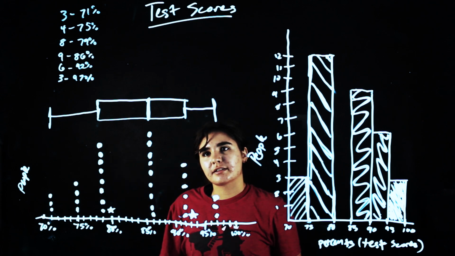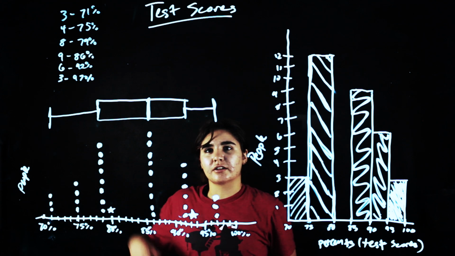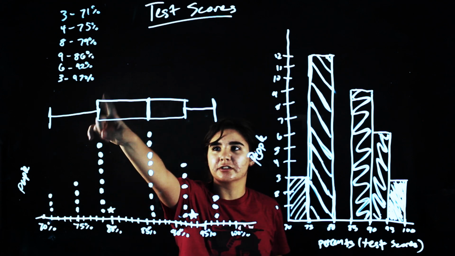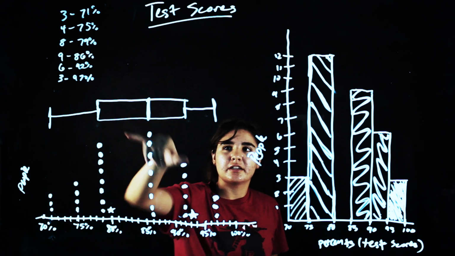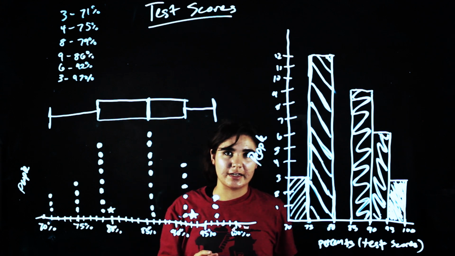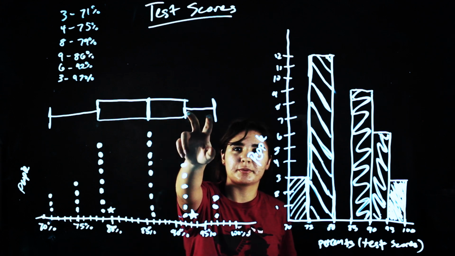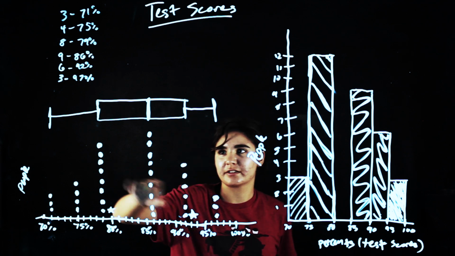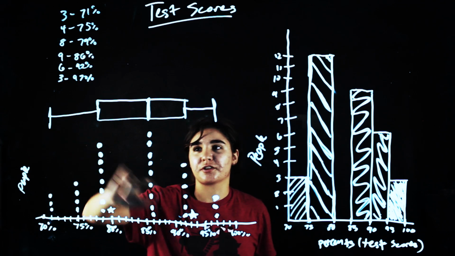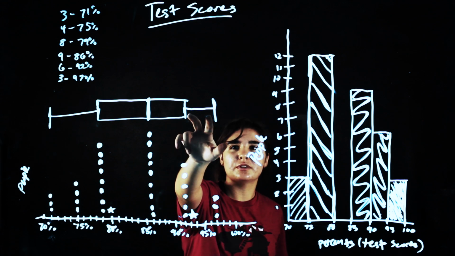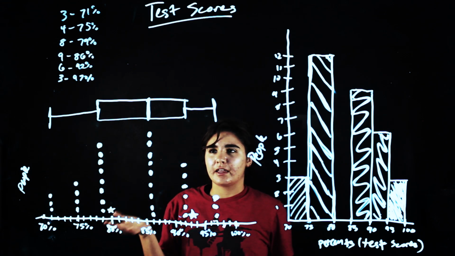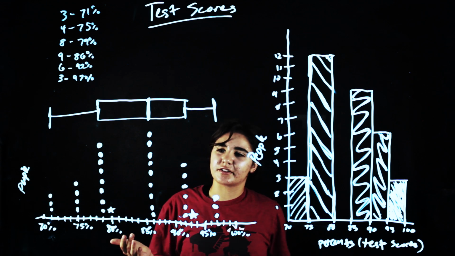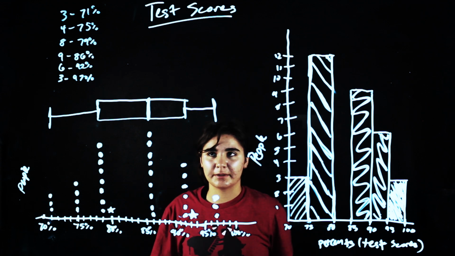So because this is the median of the upper range and the lower range of the data, this box in here is going to be 50% of the data, meaning this little space right here is going to be 25% of the data set, and this space right here is also going to be 25%. Even though these look different, that tells us more information because it tells us about how the data is distributed.